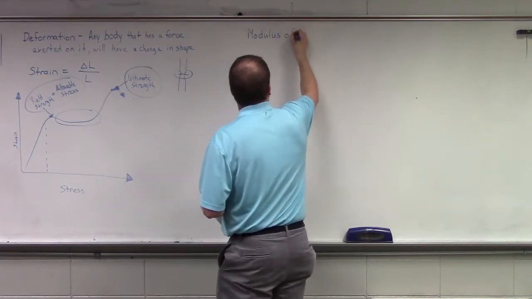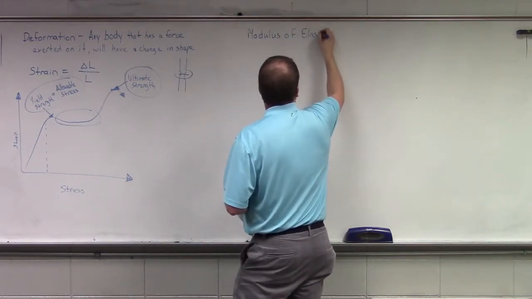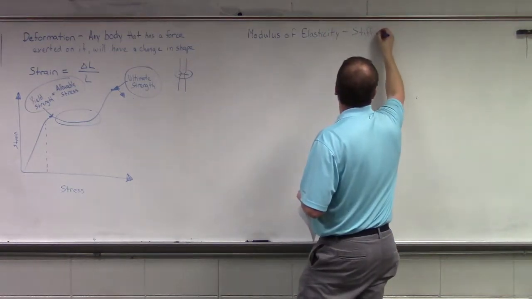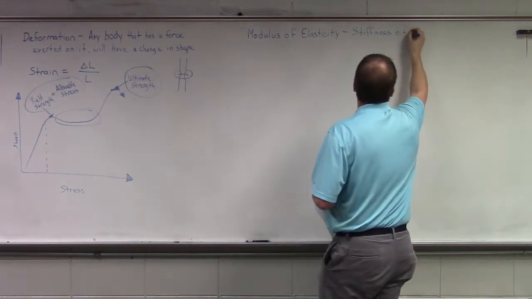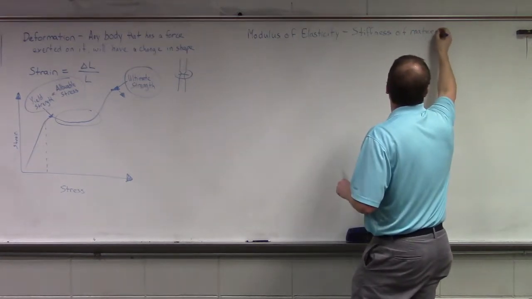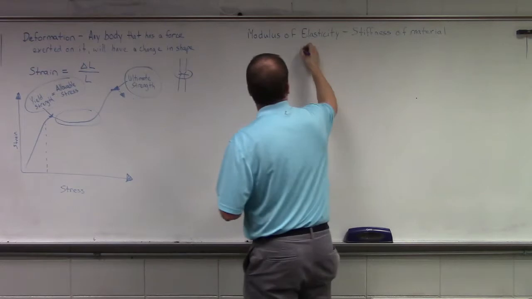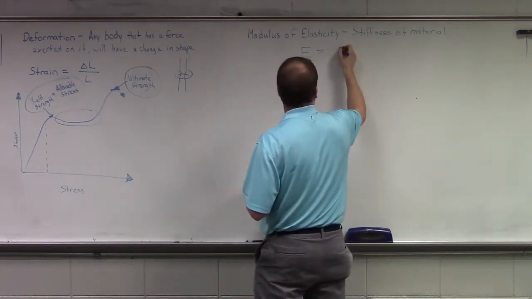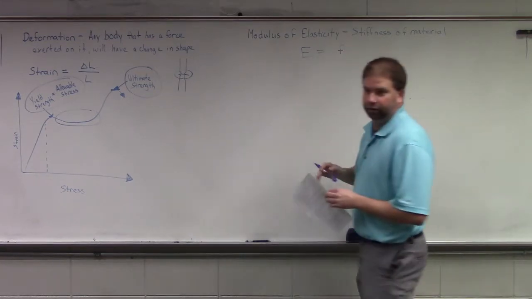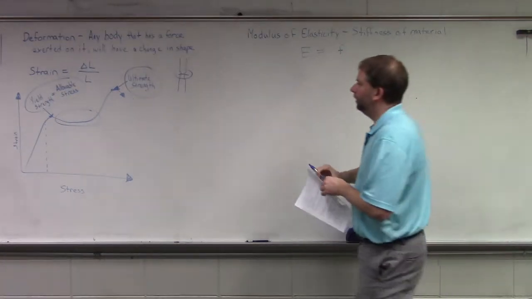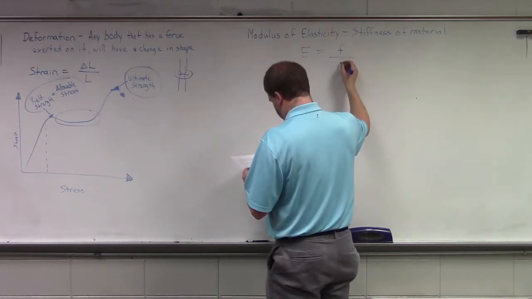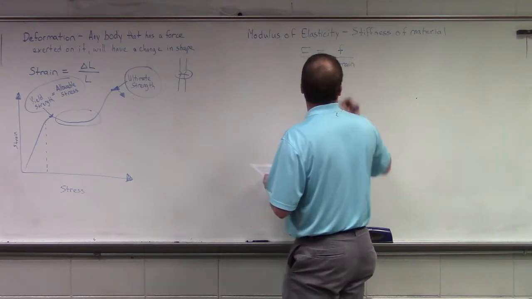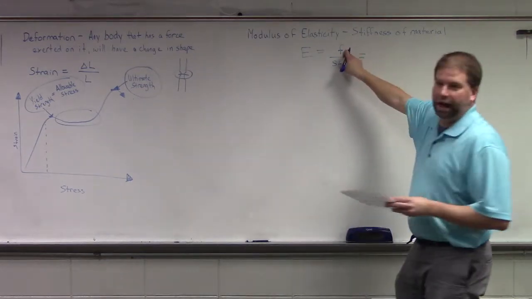So our modulus of elasticity, generally speaking, you can think of it as your stiffness of material, and it is your stress, which I'll continue calling F, because that's what your book uses, divided by your strain. But what do we know that F is equal to?